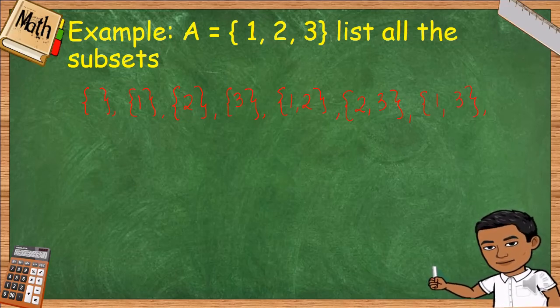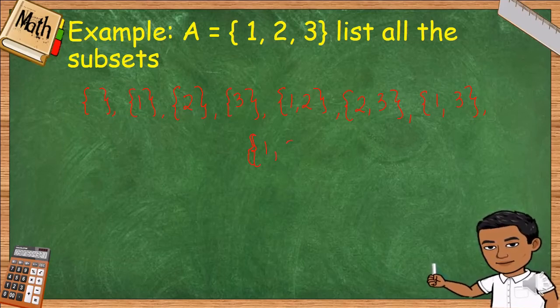And looking back dun sa ating condition, a set is a subset of itself. So, pwede natin ilagay yung 1, 2, and 3. Now, let's count ilang subset na meron. 1, 2, 3, 4, 5, 6, 7, and we have 8.